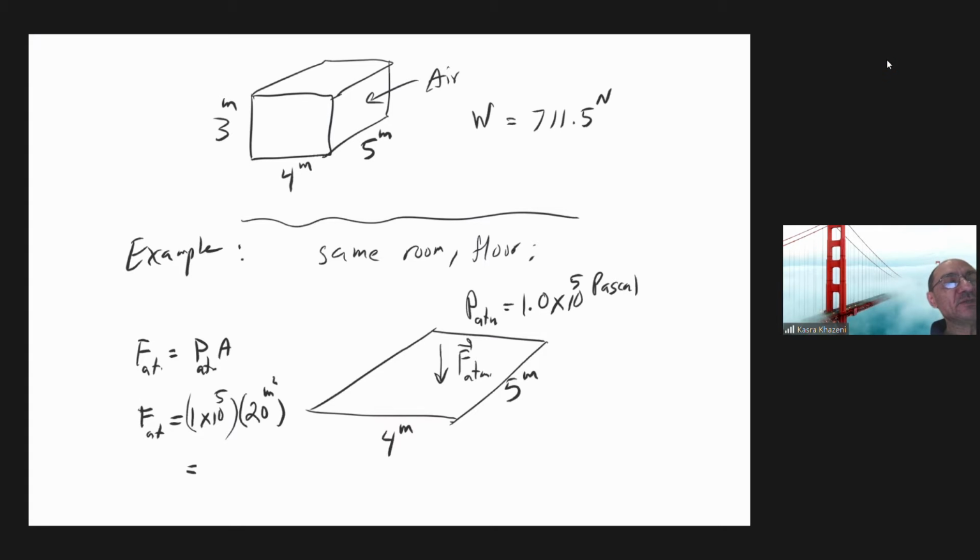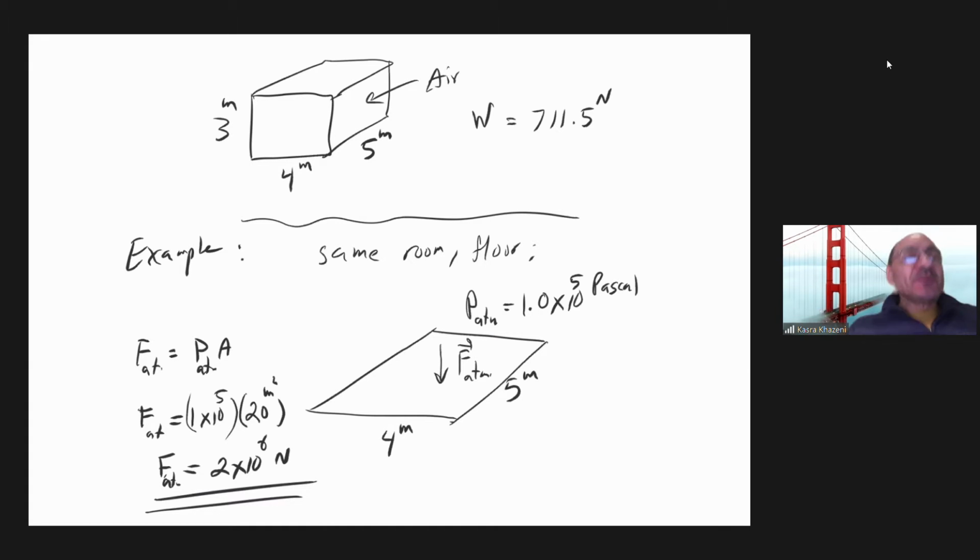So this is 2 times 10 to the 6 newtons, right? I mean, think about it. This is a massive force. There is an enormous amount of force pushing down on the floor due to just simply atmospheric pressure around us.